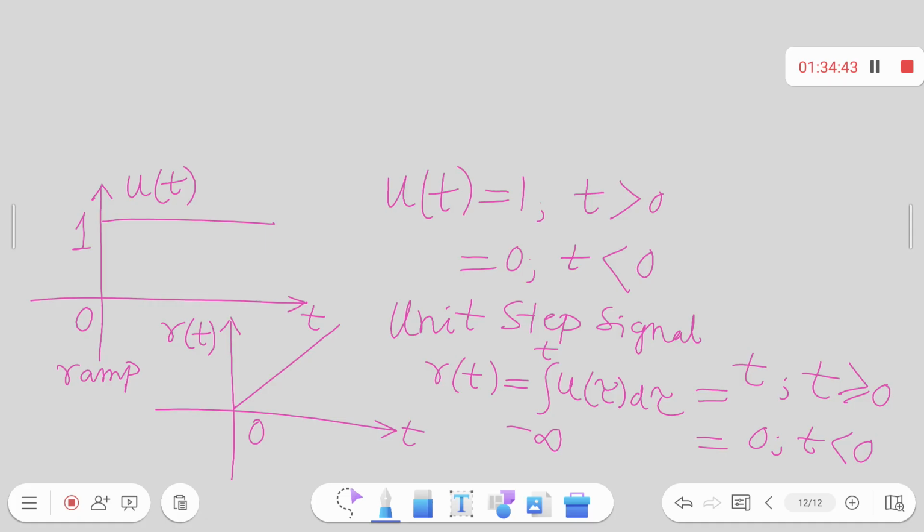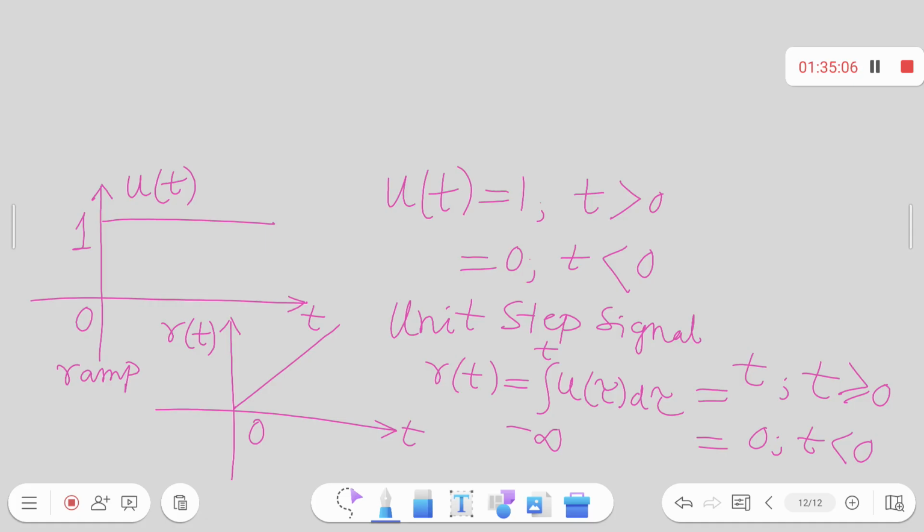Now for the step signal, you have a change at t equal to 0. At t equal to 0 minus, you have 0. At t equal to 0 plus, you have 1. So for a very small duration of time, for delta amount of time, you have a certain change, and that will be reflected. Right?